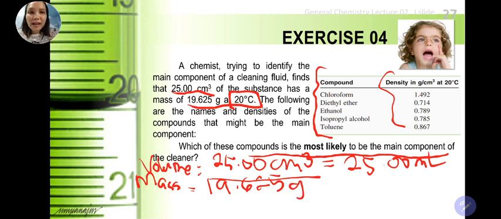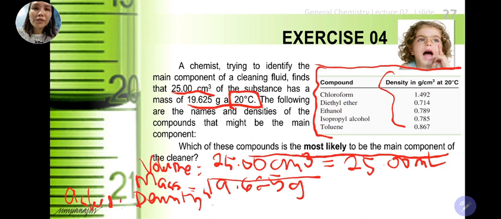Ano ngayon yung hinahanap natin? So, since density is also called the identification tag of most components or compounds, ang ide-determine natin kung ano yung density. So, what is being asked is the density.